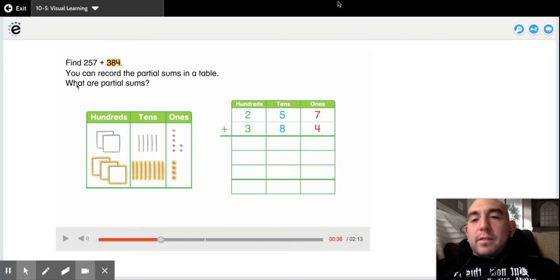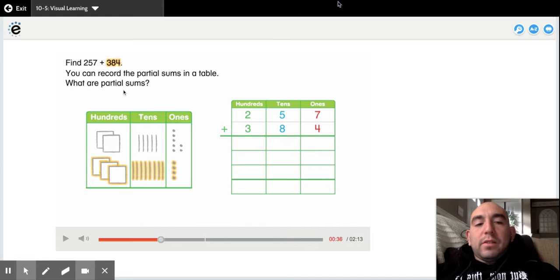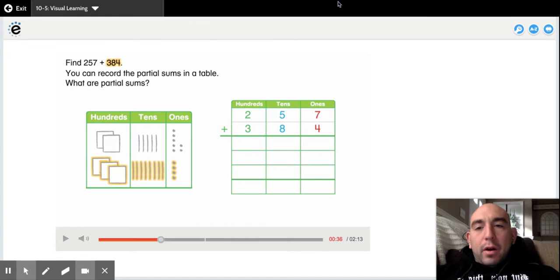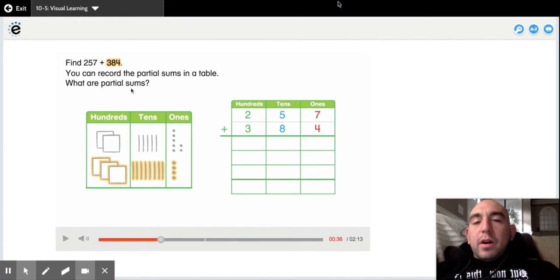So it asks us, what are partial sums? Remember I told you partial means what? Part, right? And a sum, you know, is the answer to an addition equation. So partial sums are when we break apart hundreds, tens, and ones to find the entire sum.